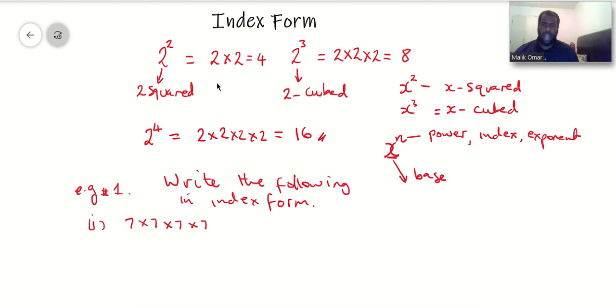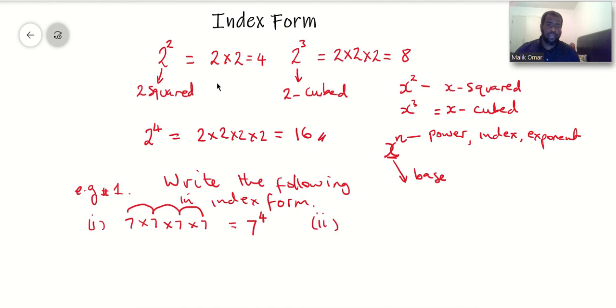How can you write this in index form? You've got 7 as your number, which is our base, because in index form we need to write it as a base and its power. The power is how many times that 7 repeats itself. We can see here once, twice, 3 times, 4 times. So this can be written as 7 to the power 4.